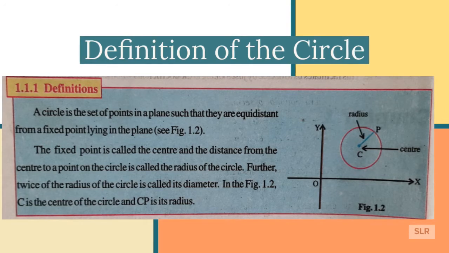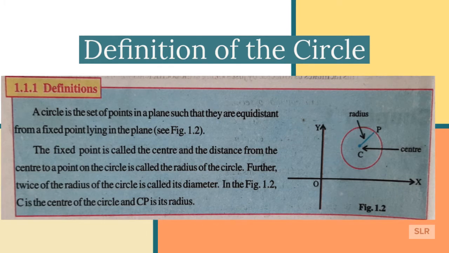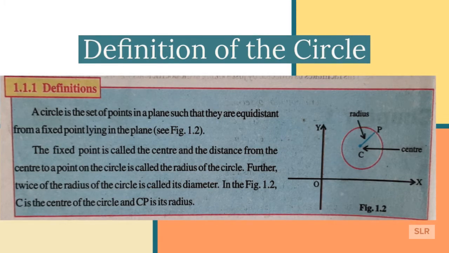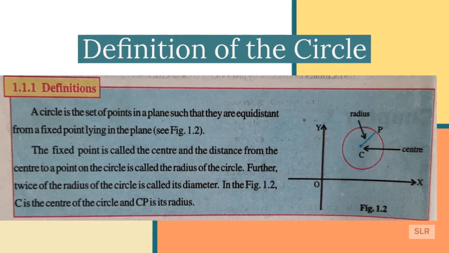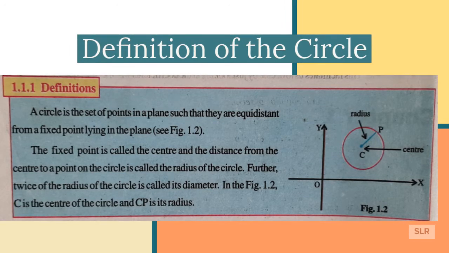Here C is the center. See the figure: X-axis, Y-axis, a circle with center at C, and a point P on the circle. CP is called the radius. P is a point on the circle.